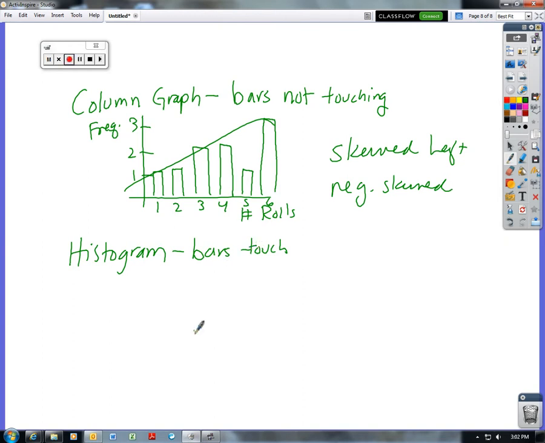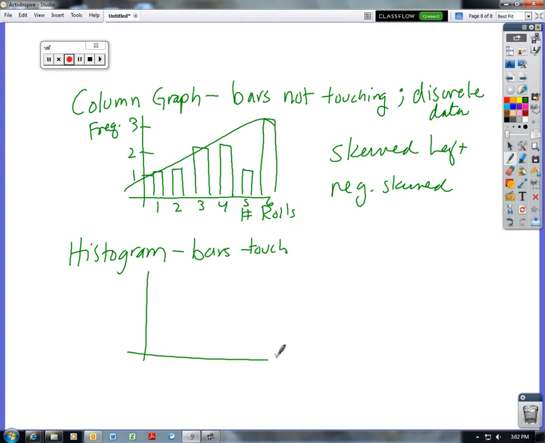Our book says that the column graph is used for discrete. I do believe it said that somewhere. Yeah, discrete data. Although it seems to me like you could use a histogram for discrete data also, but anyway.